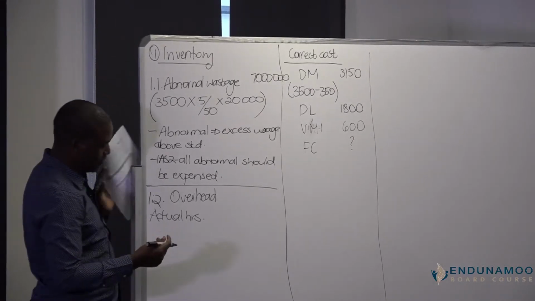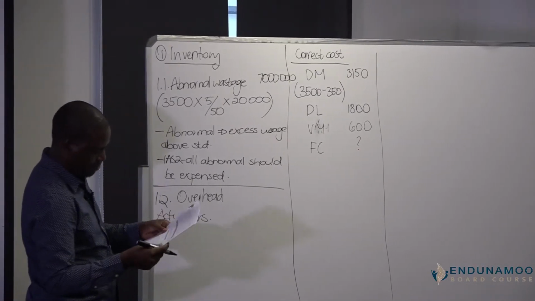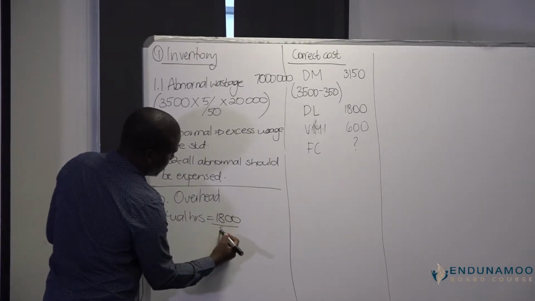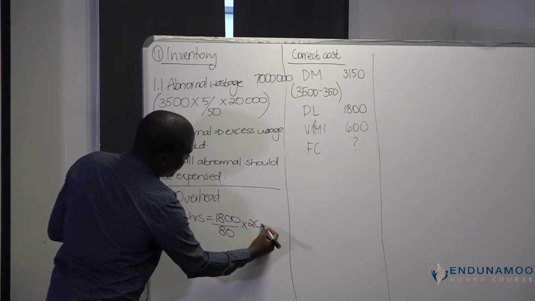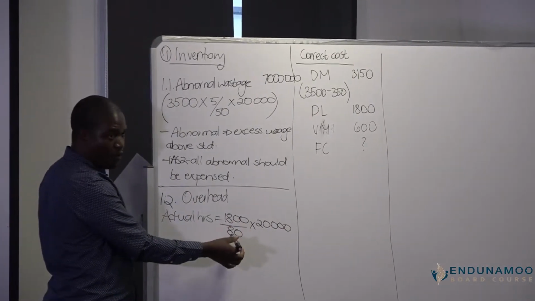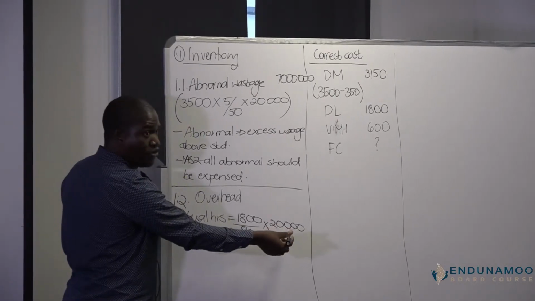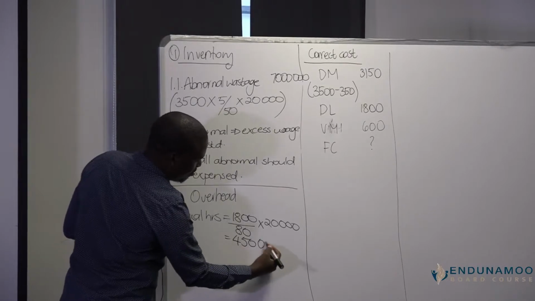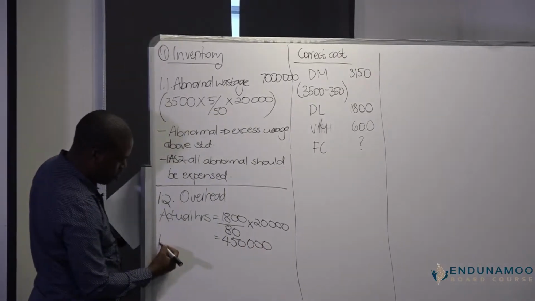How do you get to the 450? Take the 1.8 divided by 80 rand, the hourly rate, and multiply by 20,000 units. It gives you a total of 450,000. But normal is what?